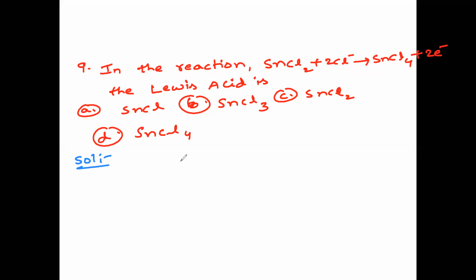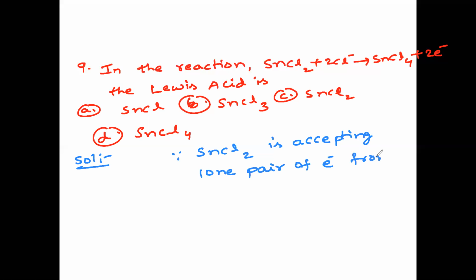So here, since SnCl2 is accepting a lone pair of electrons from Cl minus, because SnCl2 dissociates to form Sn plus 2 and 2Cl minus. So naturally this Cl minus will go to form SnCl4. So SnCl2 is the answer. So answer is the third option.